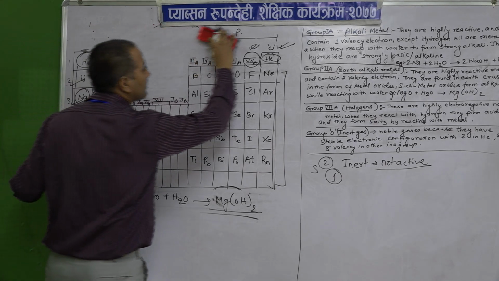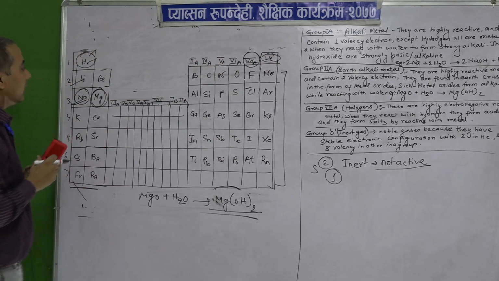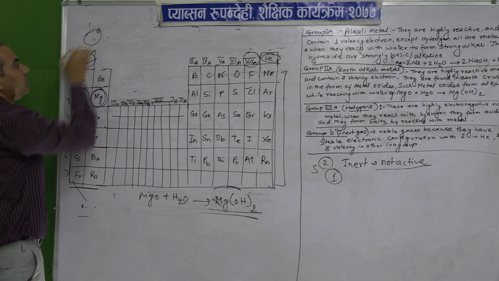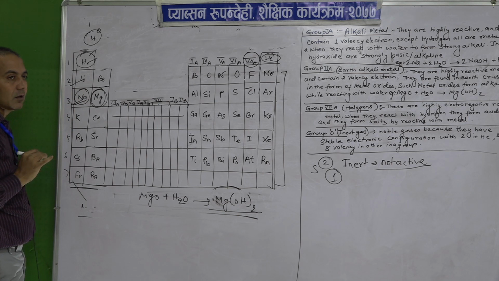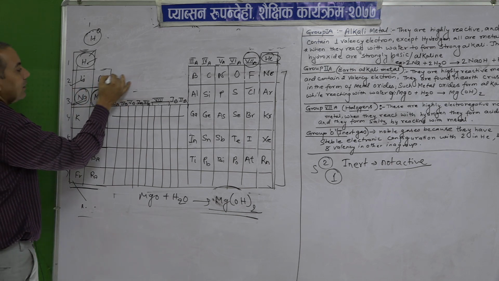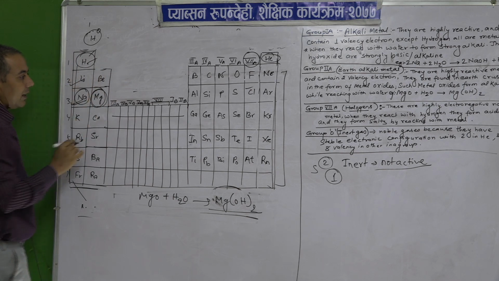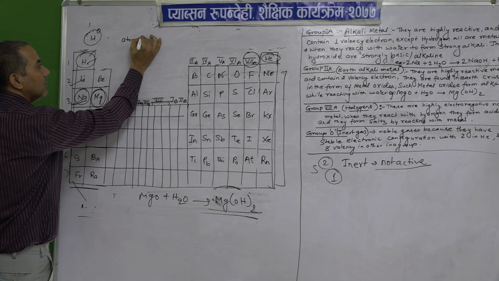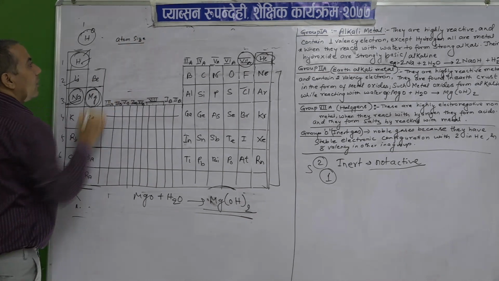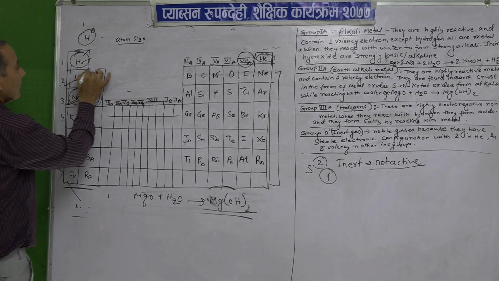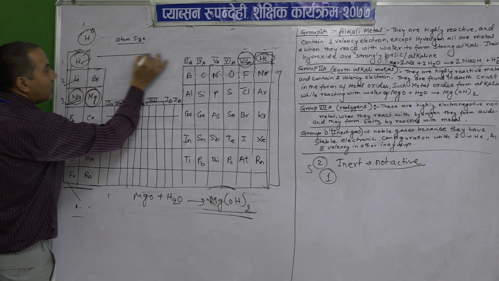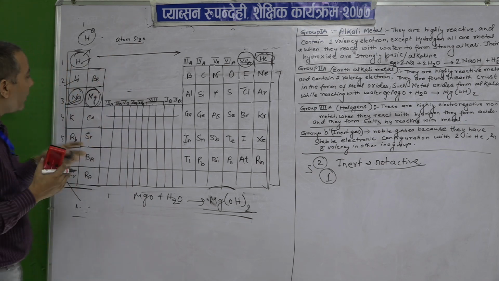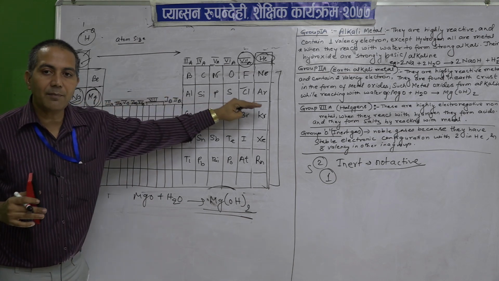Now, the reasoning questions are asked. Let us take one by one. Atomic radii, size. What happens when elements move in a horizontal row? What happens to the atomic size when we go from left to right?